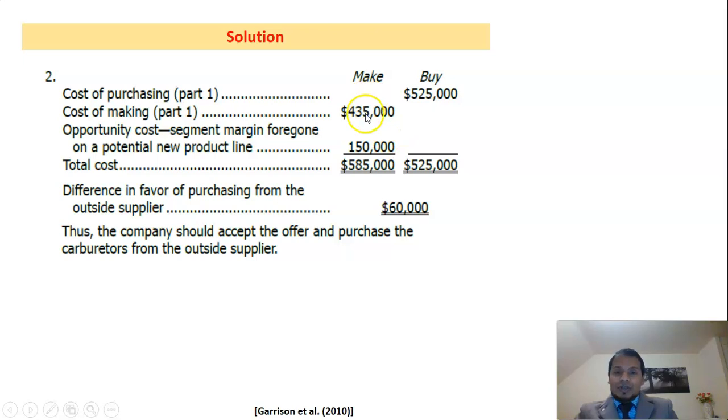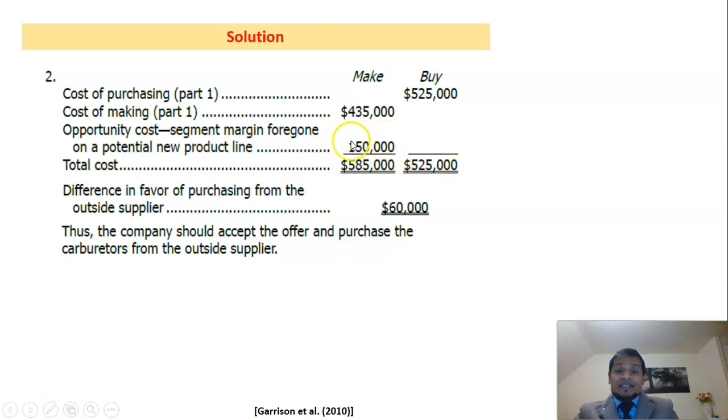All right. So the total cost to make is 585,000, and if you buy, your total cost is 525,000. So you can see now, you'd be able to save 60,000, right? If you buy from outsiders.